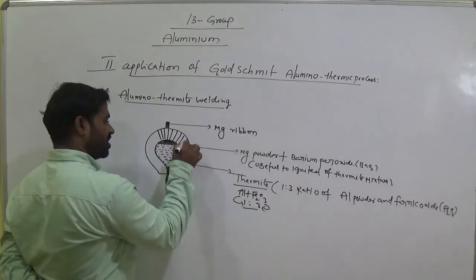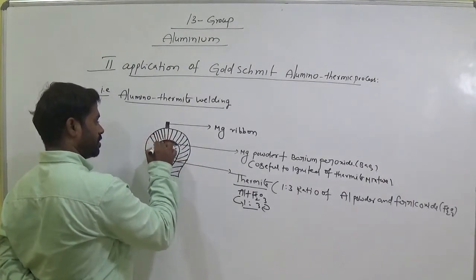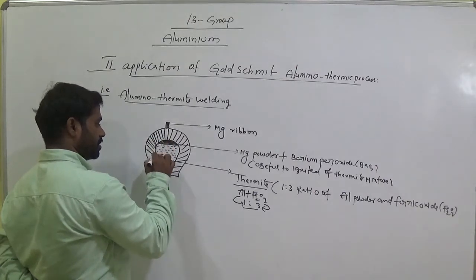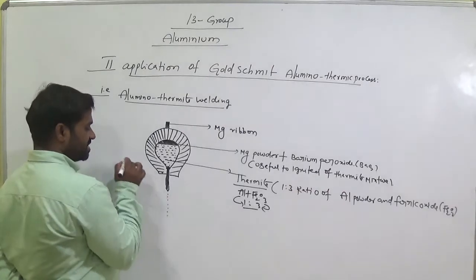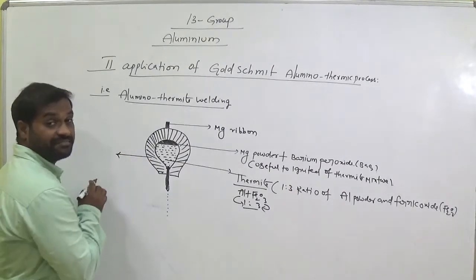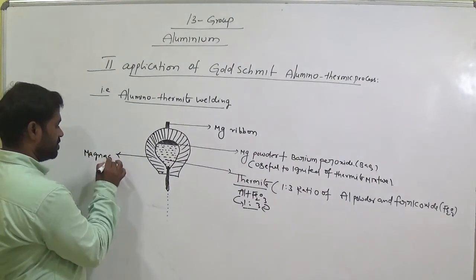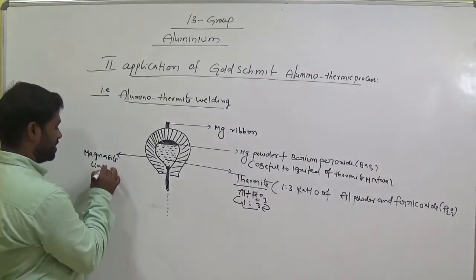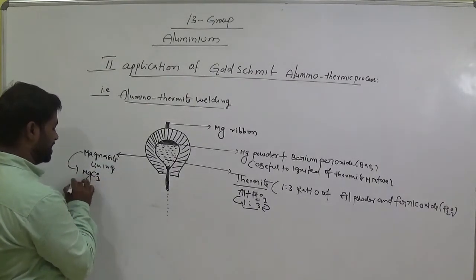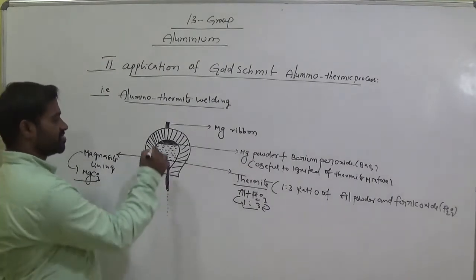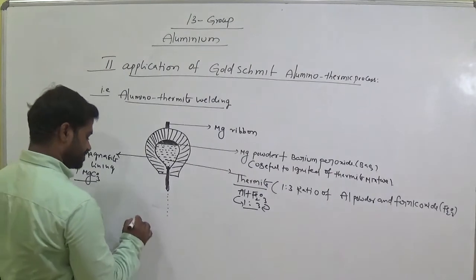This is the magnesite lining. Magnesite means magnesium carbonate, so this is coated with magnesium carbonate.